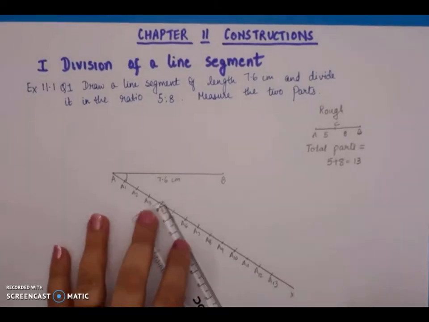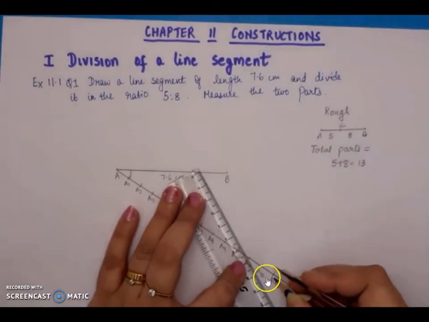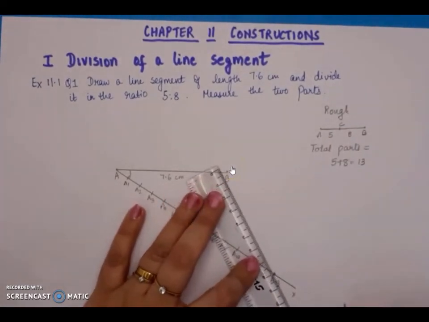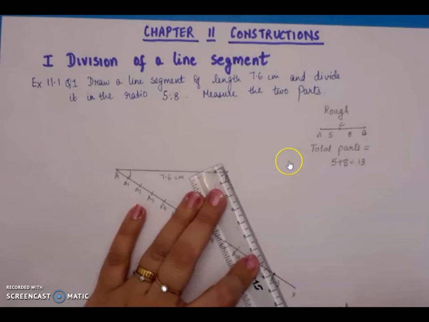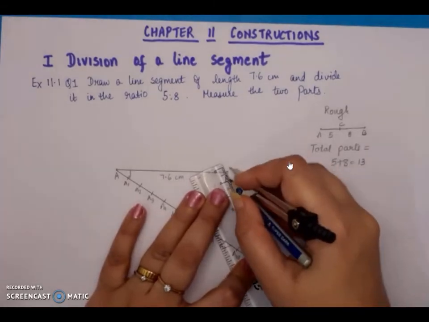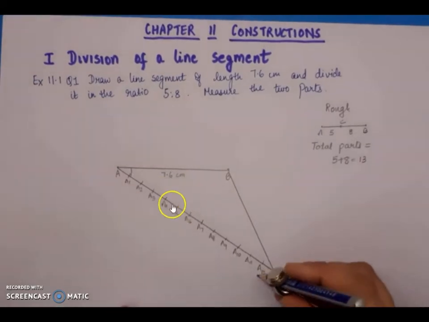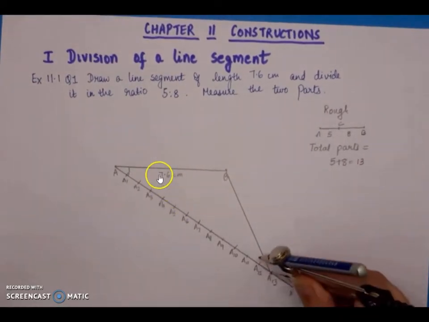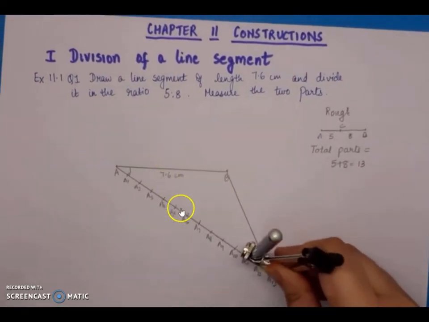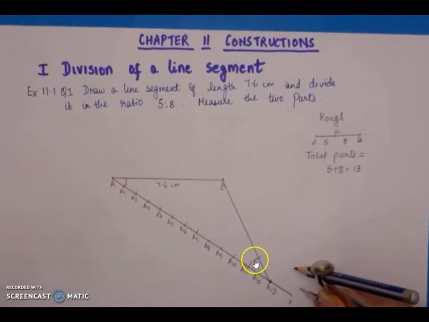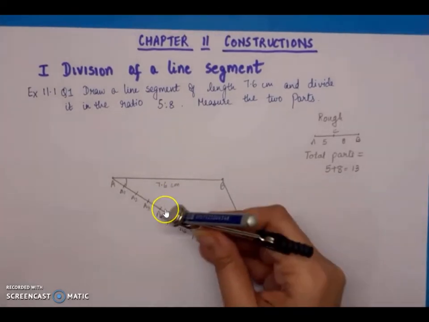Now next you will be joining A13, this last point, to this point B. So you will join A13B. Now next I am supposed to construct a parallel line from A5 going parallel to A13B. So for that I am going to copy this angle at this point A5.